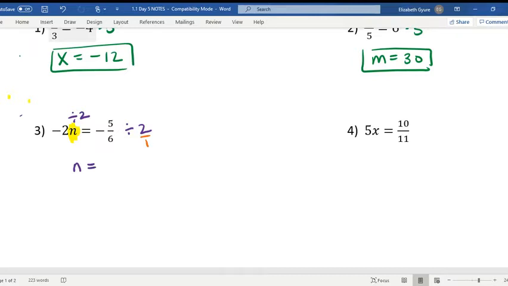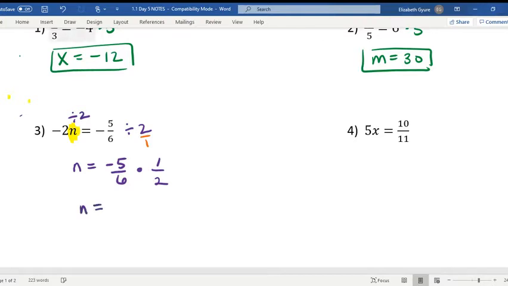Keep, change, flip. So we're going to keep the -5/6. We're going to change the division into multiplication. Good. And we're going to flip the 2 over 1 and make it a 1 over 2. Very good.